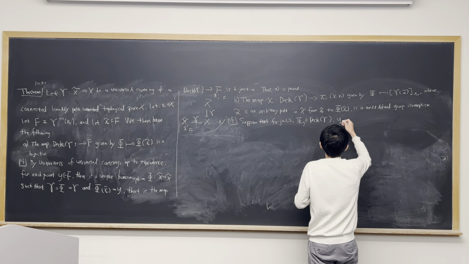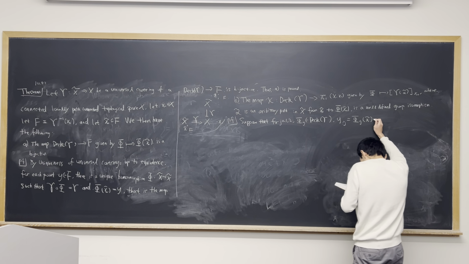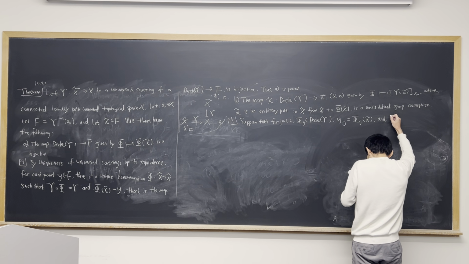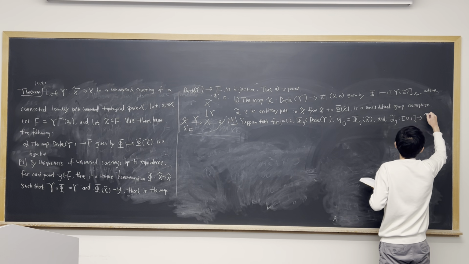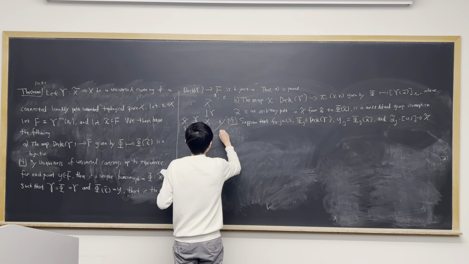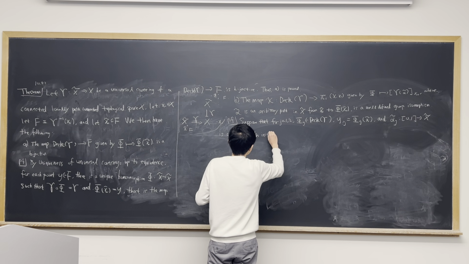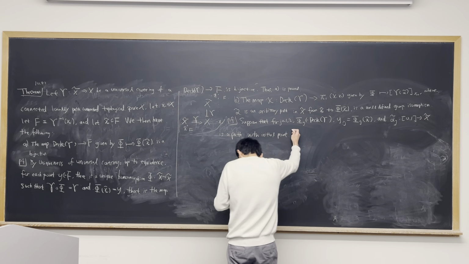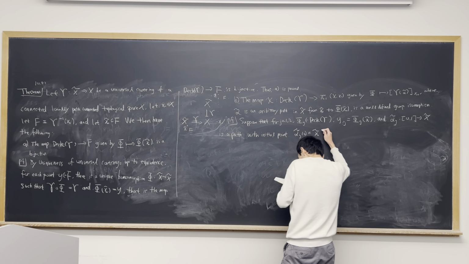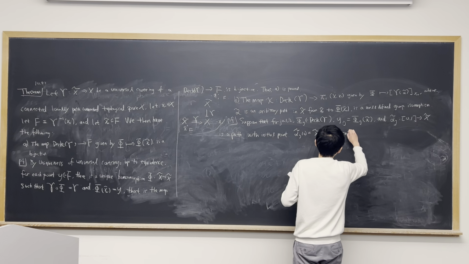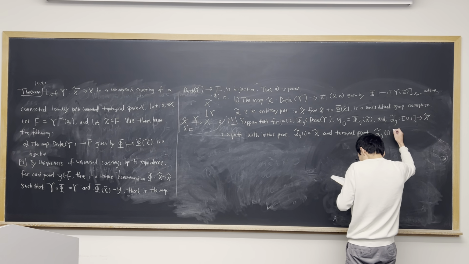And then we have alpha tilde j from 0, 1 to x tilde is a path with initial point alpha tilde j of 0 equal to x naught tilde, and terminal point alpha tilde j of 1 equal to yj.